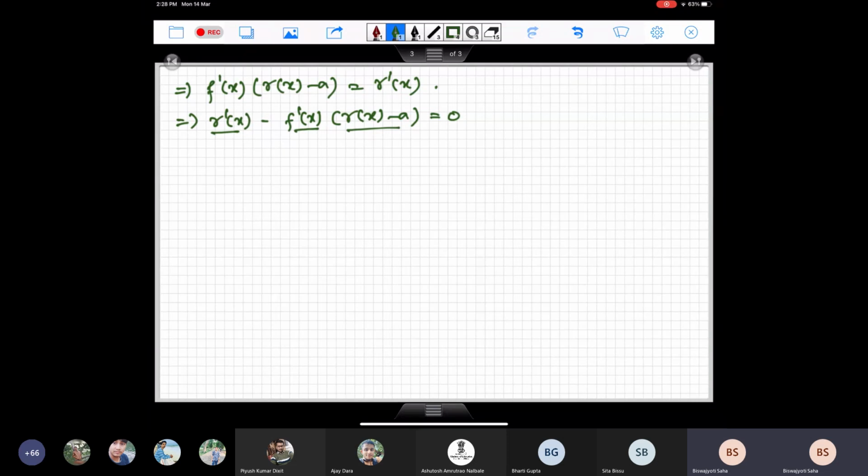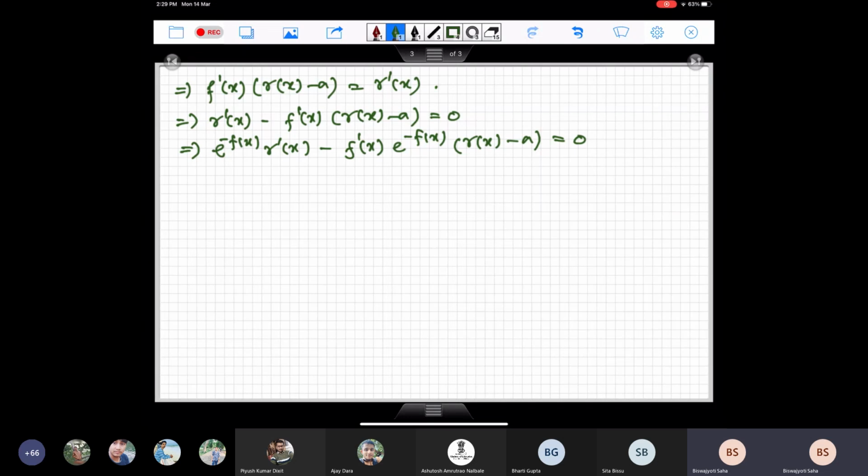It's almost in that form, except that some factor is missing. What is that factor? If I multiply by e to the power minus f(x), this will be immediately crystal clear. So multiplying by e to the power minus f(x) gives the derivative of the product gamma(x) minus a times e to the minus f(x) equal to 0.